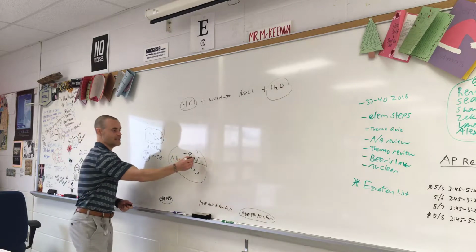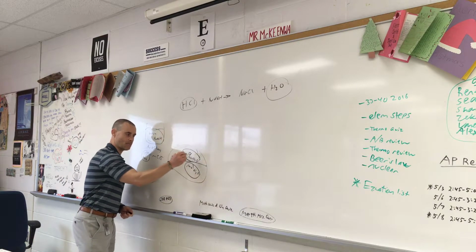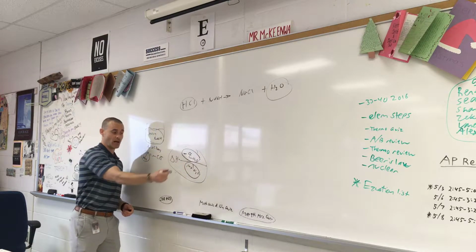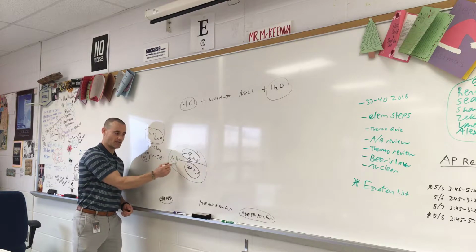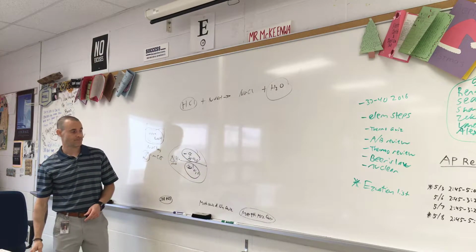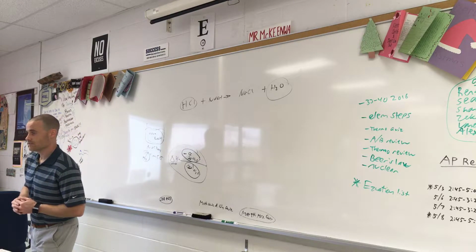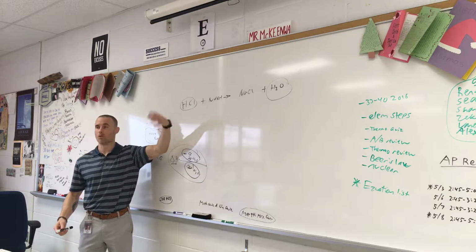Because if this is increasing, and it's proportional, because whatever this does, this is going to change proportionally, this will never change. Does that make sense? That's important to understand. When you have more particles reacting, there's going to be more heat produced.